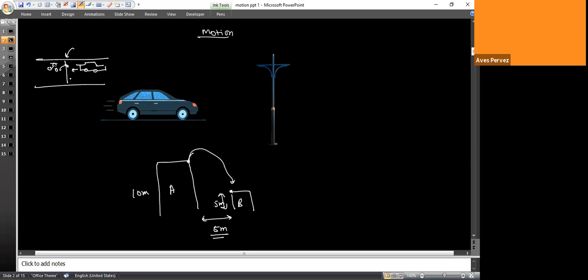This car is moving in this direction. Such calculations are very easy, and your mind can calculate them.